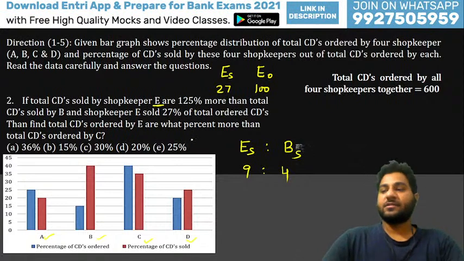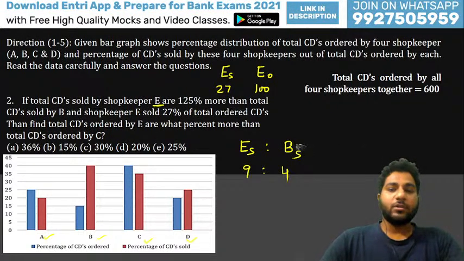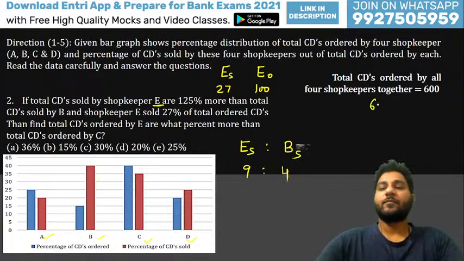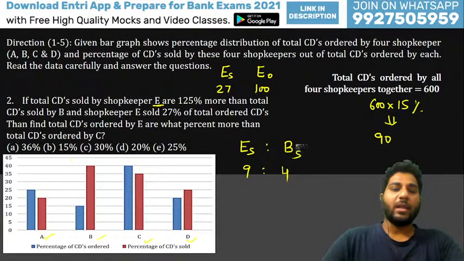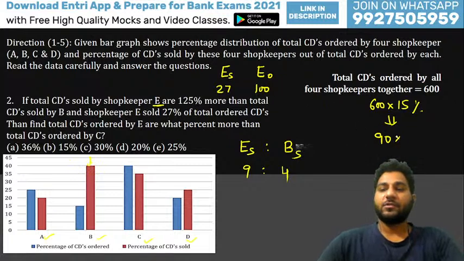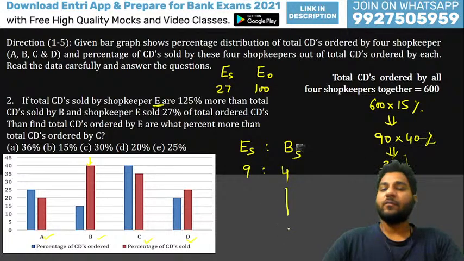So let's start this. As you all know, B has ordered 15% of 600. That means 90 CDs have been ordered by B, while it is sold by 40%. So 40% of 90 is equal to 36, which makes the data of B equal to 4 ratio.